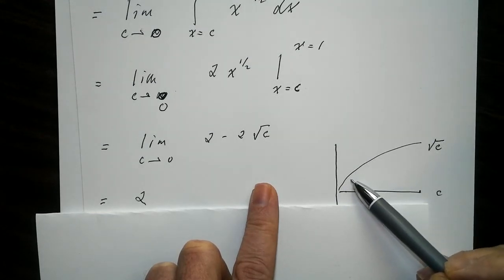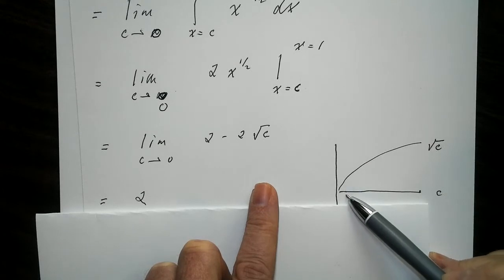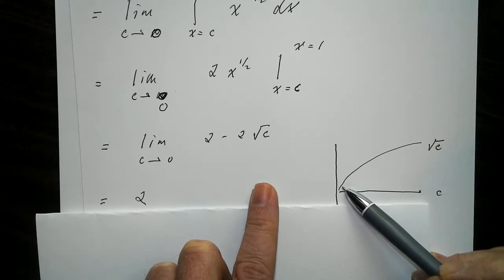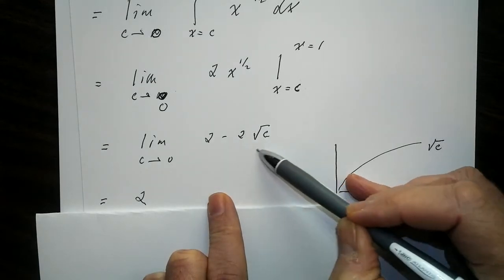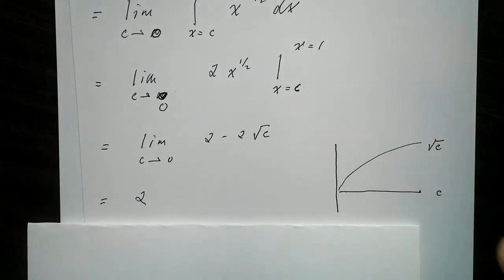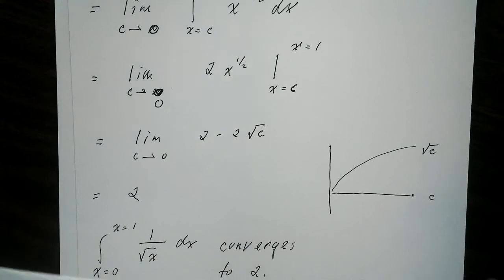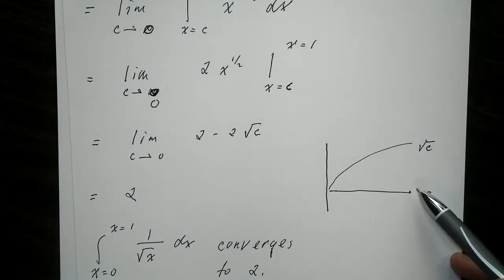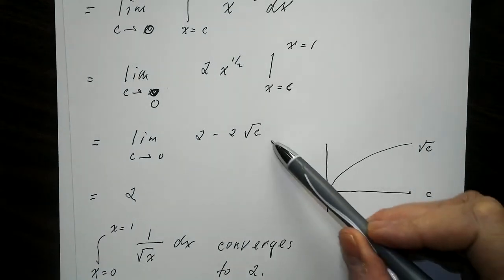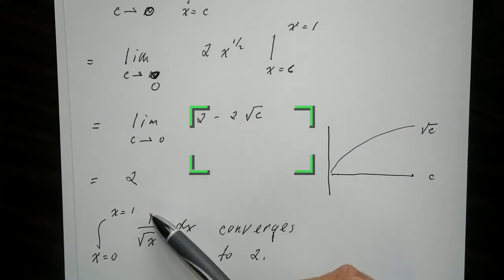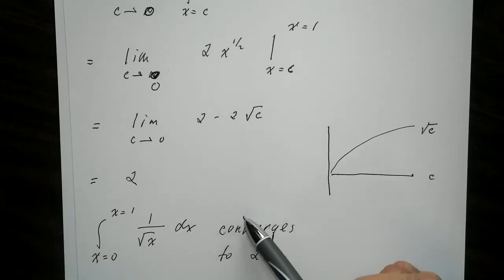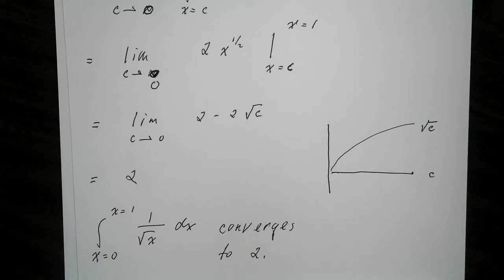Well, the square root gets closer and closer to 0. If c is 0.1, the square root of 0.1 is close to 0. So if c goes to 0, this all goes away and we're left with 2. So this is not the graph of the original function, but it's a graph we use to help us evaluate the limit. So in this case, we say that the improper integral from 0 to 1 of 1 over the square root of x dx converges to 2.